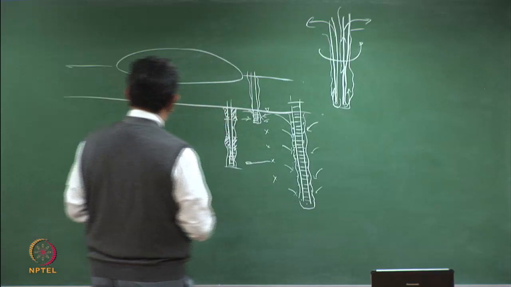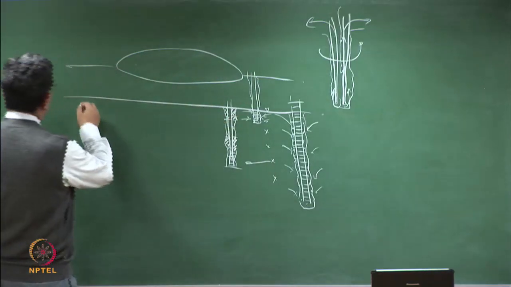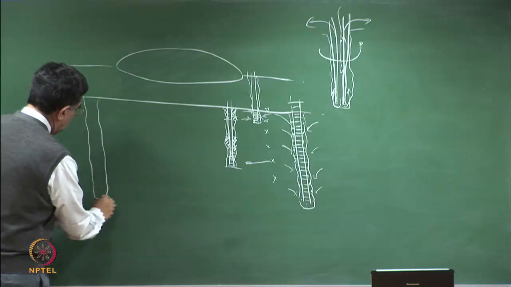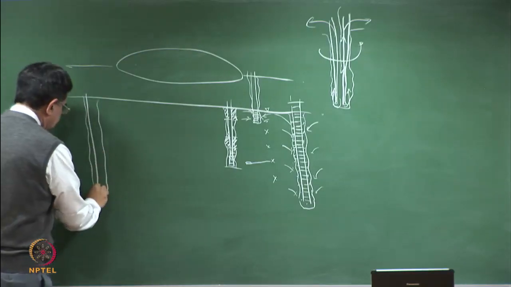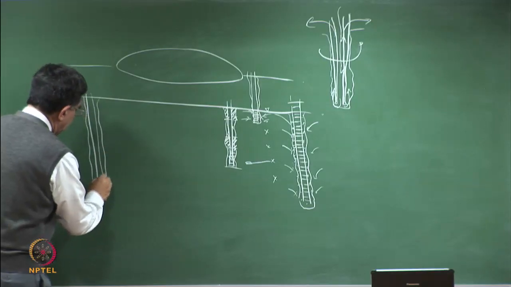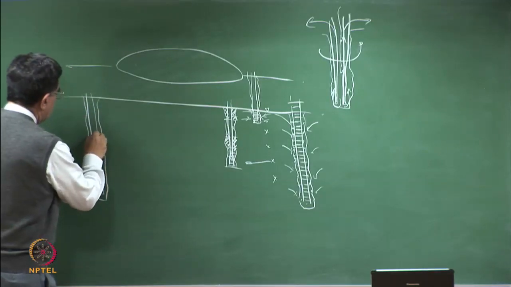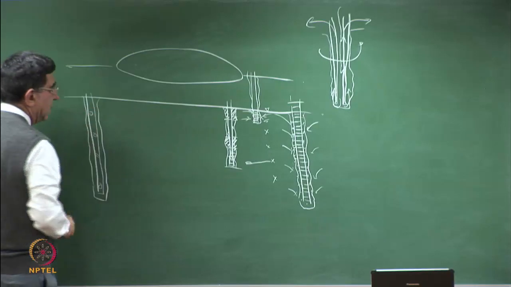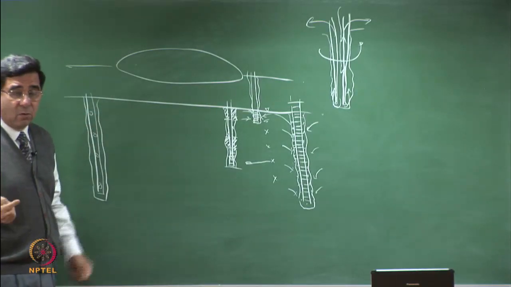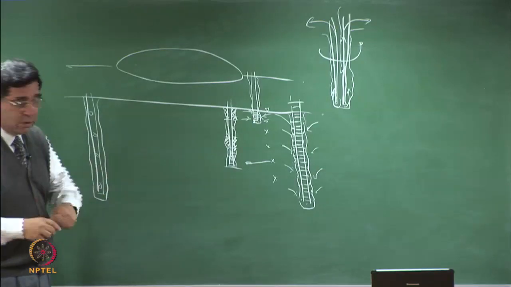If I want to pick up 5 samples from the one well, I'll make my hole, I'll put a pipe with my screen or a port here, 1, 2, 3, 4. Then I must ensure that water does not cross from one port to the other.